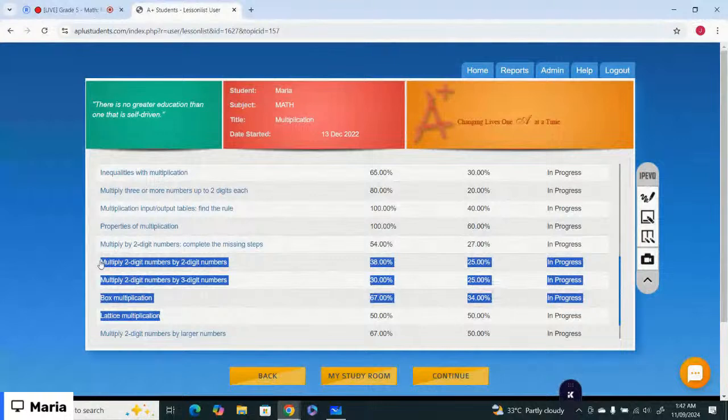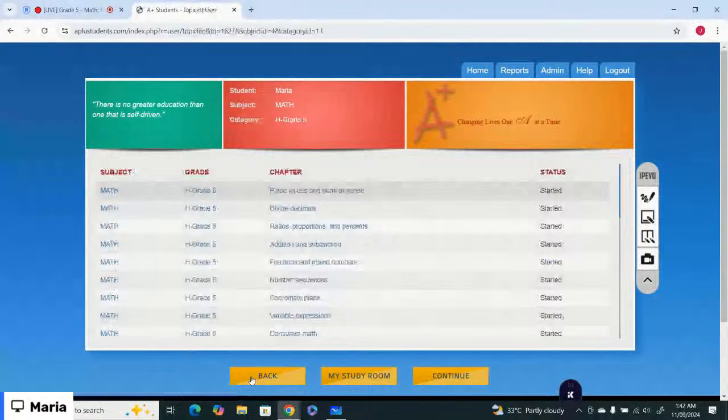You can complete the lessons by yourself later. Before the next session, you have to complete all the practice questions for the lessons we just did. That is your homework.